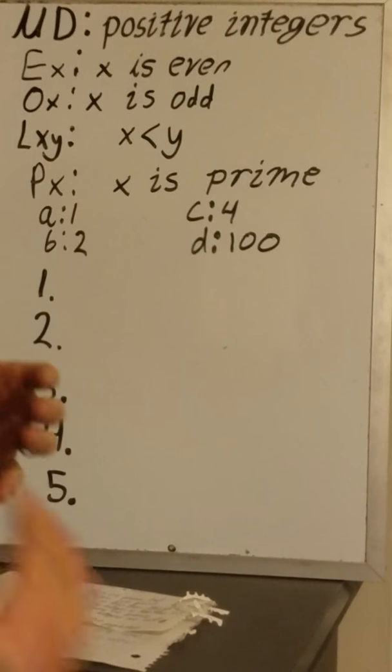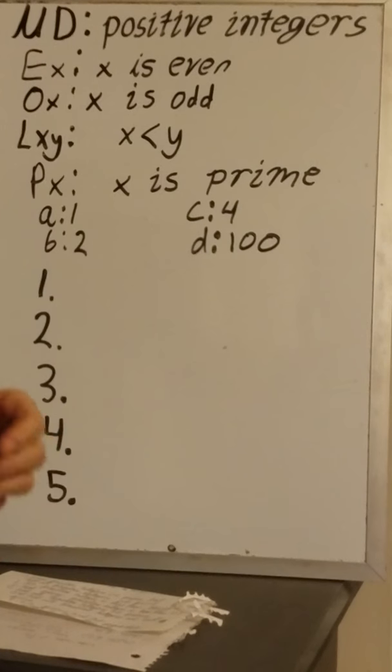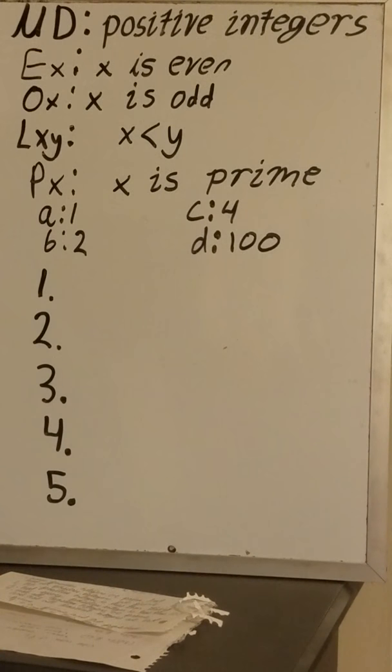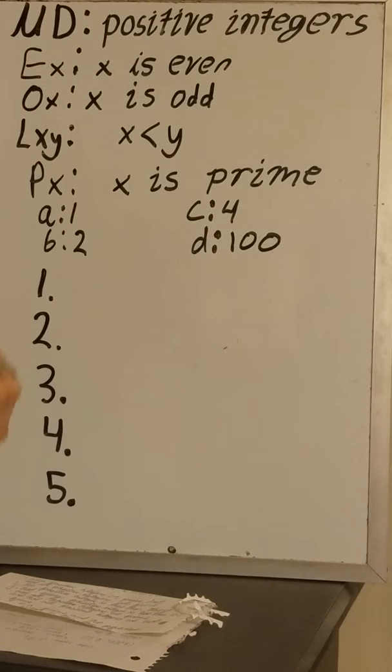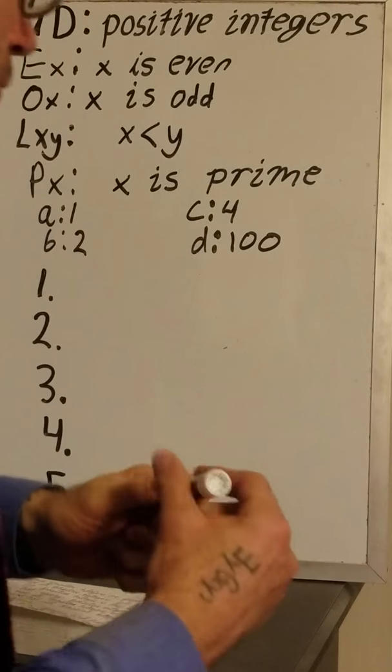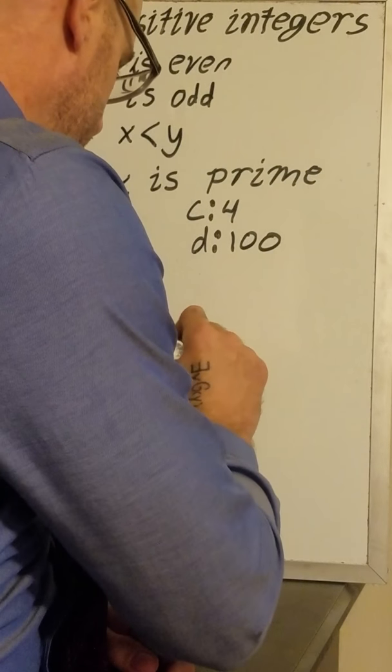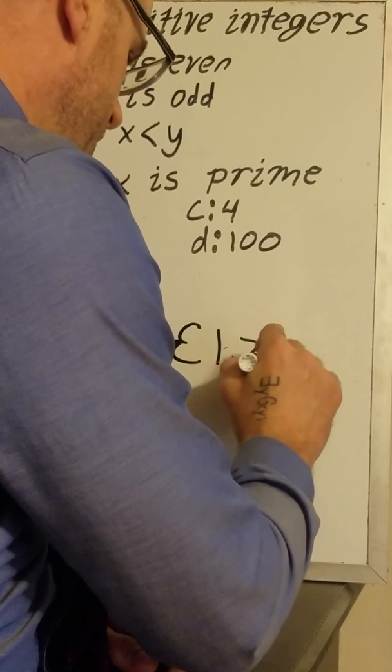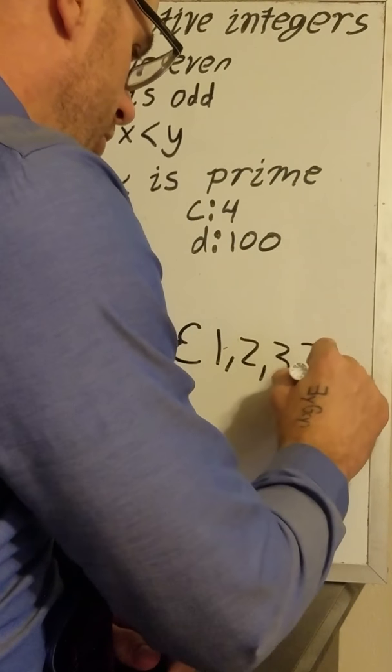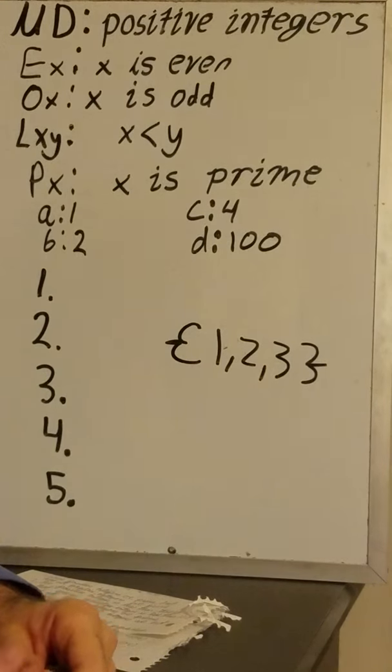So the first thing in an interpretation, of course, is the universe of discourse. I often call this a domain. And a universe of discourse is just a set of objects or things that you're discussing. One way to list a set, of course, is to have a set of curly brackets and then list everything that's in the set.